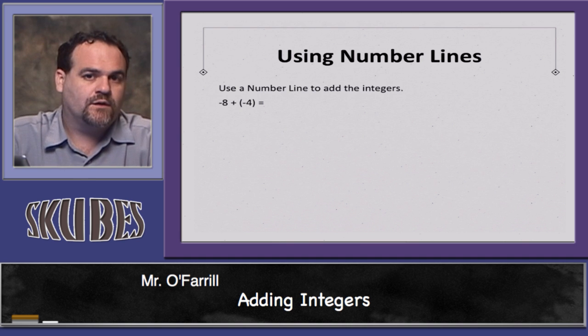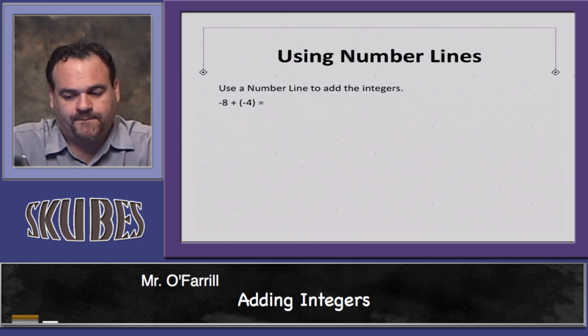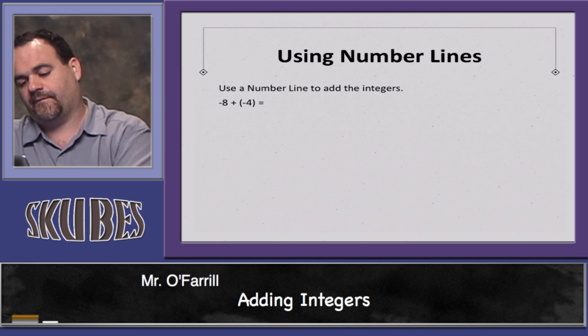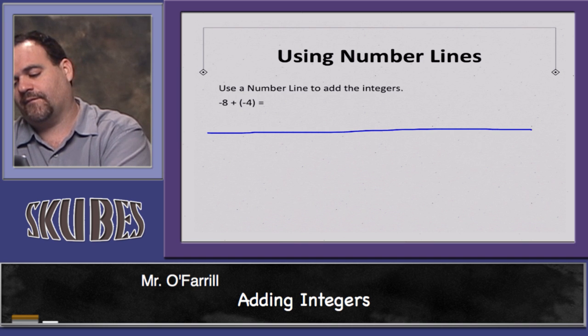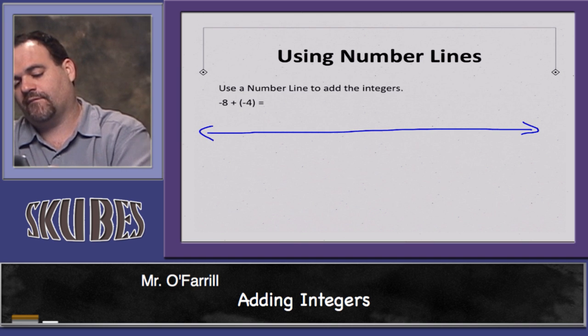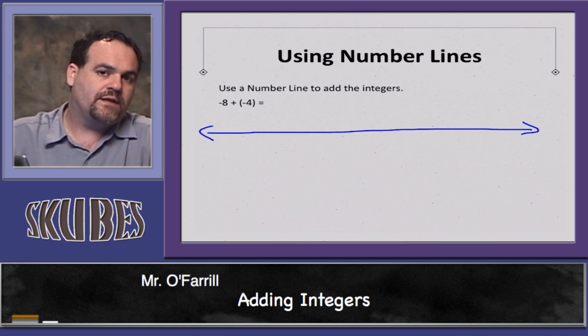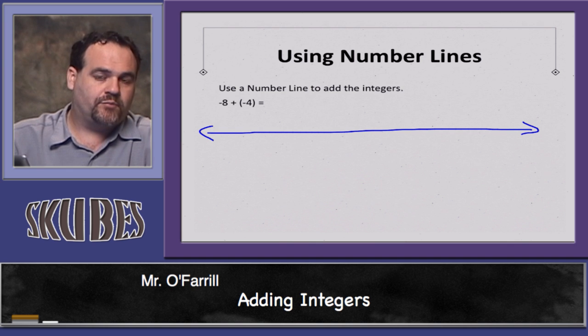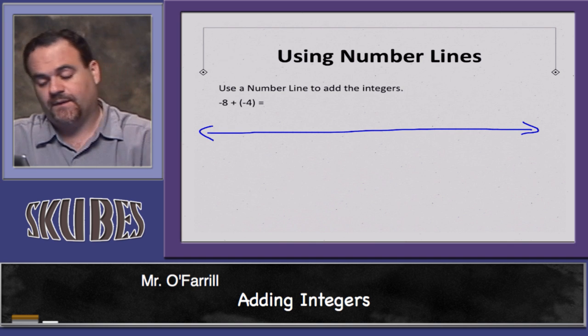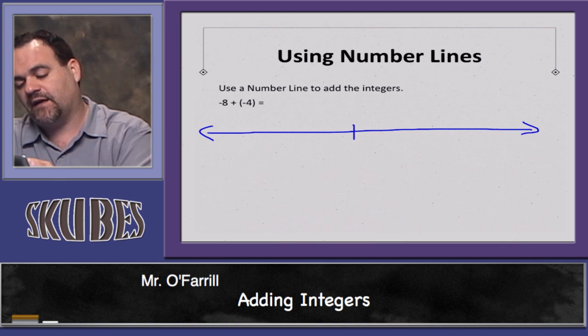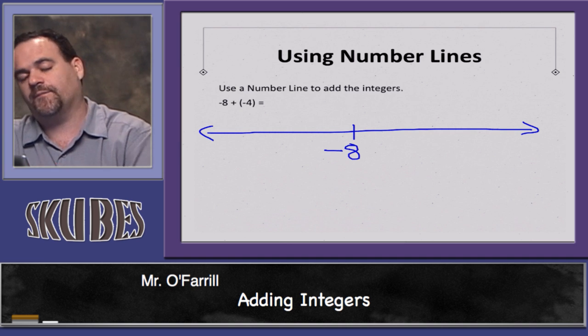So let's do another one using a number line. This time we're going to do negative 8 plus negative 4. And I'm going to go ahead and put the negative 8 kind of in the middle here because we don't yet know what direction we're actually going to go.